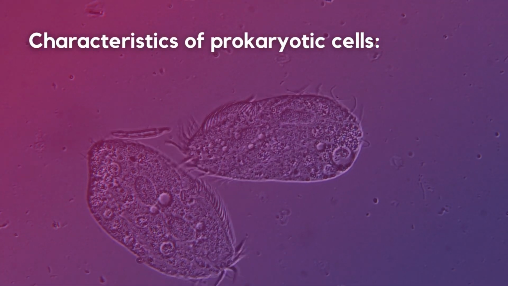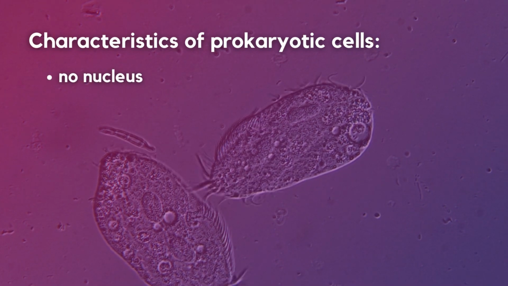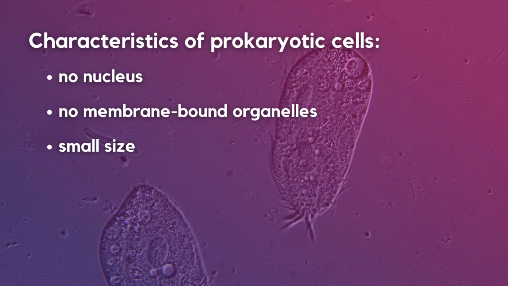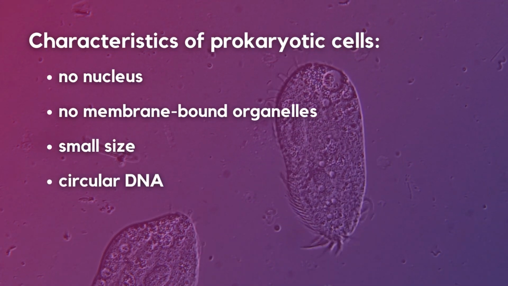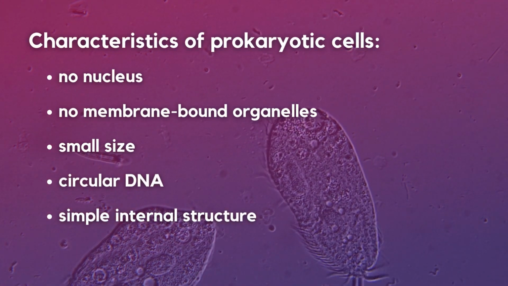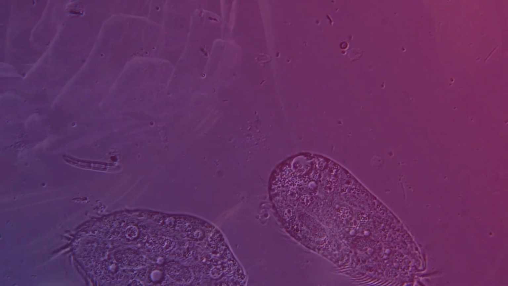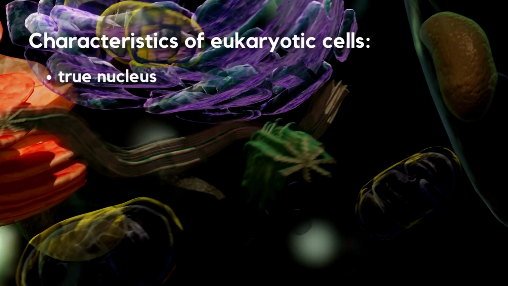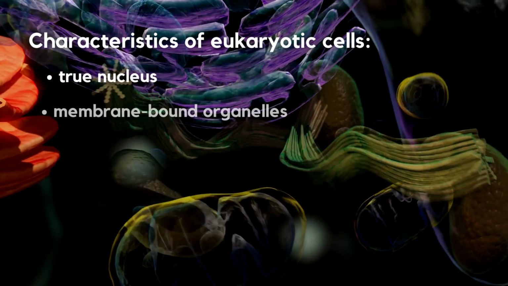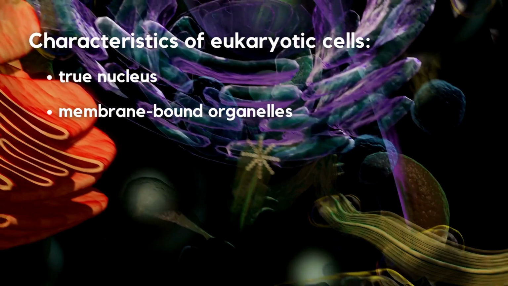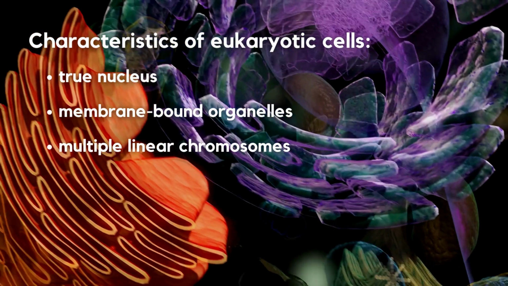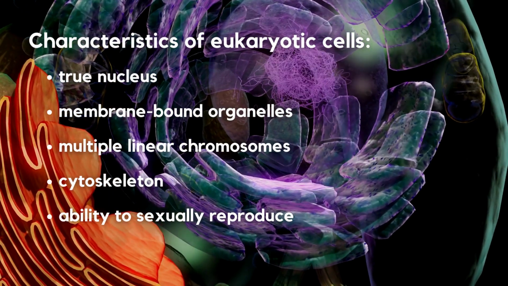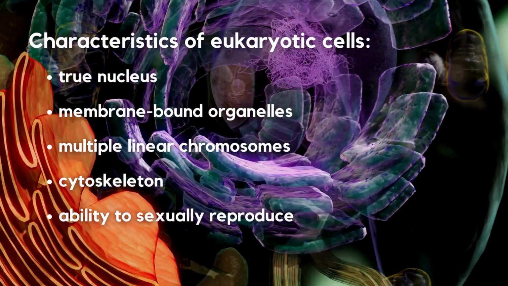The defining features of prokaryotic cells are their lack of nucleus and other membrane-bound organelles, small size, circular DNA, and simple internal structure, whereas the key characteristics that define eukaryotic cells are the presence of a true nucleus, organelles that are surrounded by membranes, multiple linear chromosomes, a cytoskeleton, and the ability to undergo sexual reproduction.